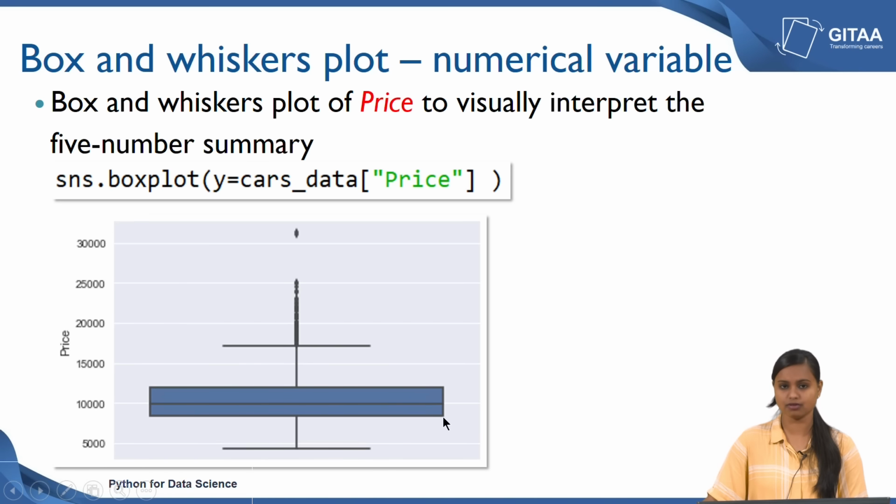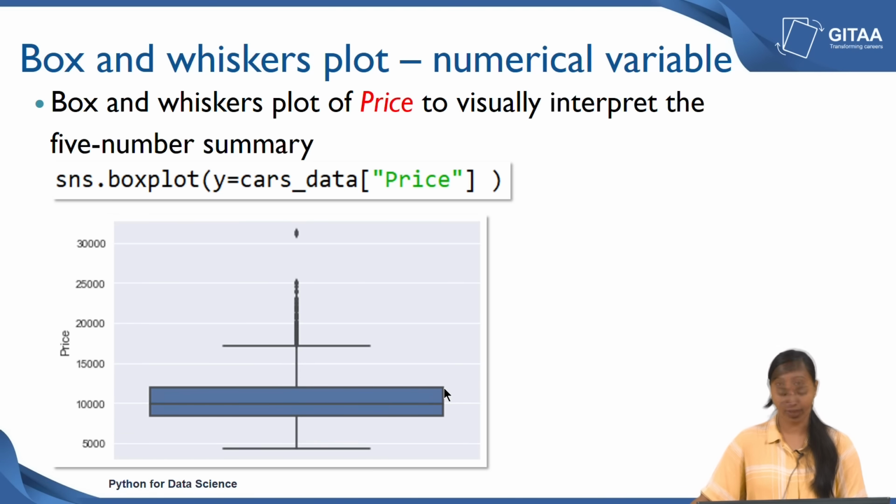The lowest horizontal line of the box represents the first quartile, that is, 25% of the car prices are less than 8,000. The middle line represents the second quartile, which is nothing but the median. That means 50% of the data is less than 10,000 euros.